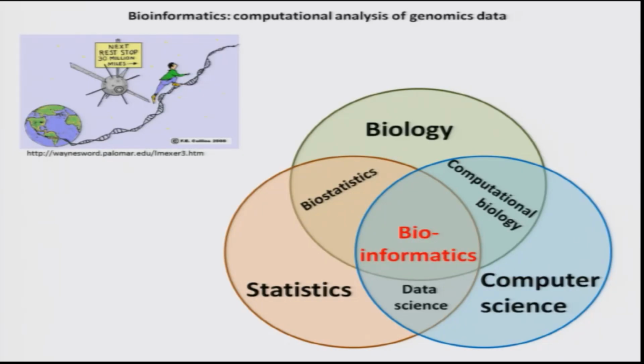Then you have computer science, because in data science, what you call large data analysis, comes from approaches by which you are able to automate the process: the computers can take the data, analyze it and give you results. Since you are analyzing biology data, it is called bioinformatics, but it also involves a lot of statistics, mathematical modeling and so on. That is where it sits, at the cross section of biology, statistics and computer science, and that is called bioinformatics.